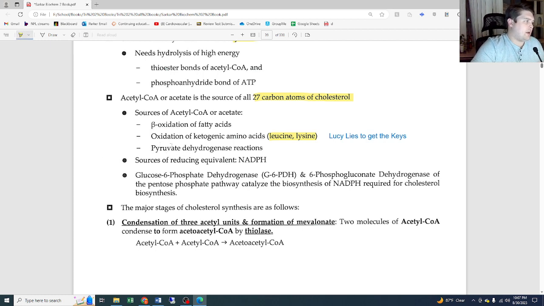Another source is the pyruvate dehydrogenase reaction. If you think about when the pyruvate dehydrogenase reaction occurs, that is happening at the end of glycolysis. After we produce pyruvate, we have the pyruvate dehydrogenase complex. The 3 or 4 different parts of that complex break down the pyruvate into acetyl-CoA.